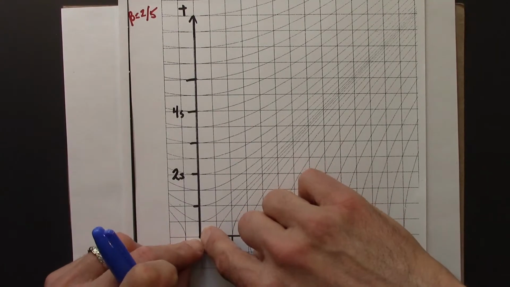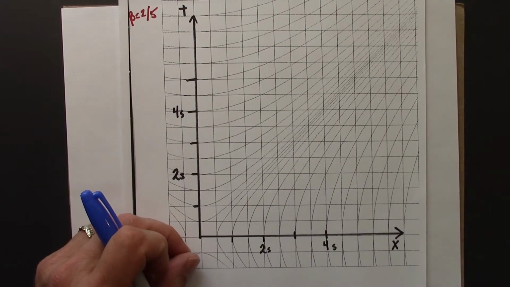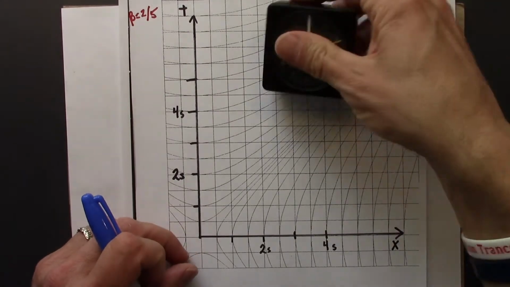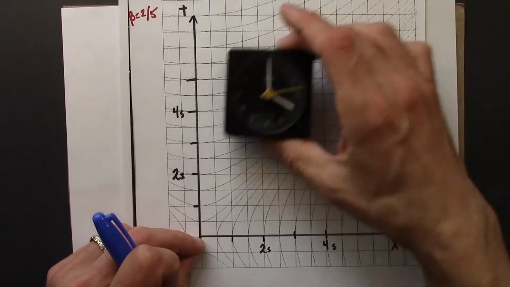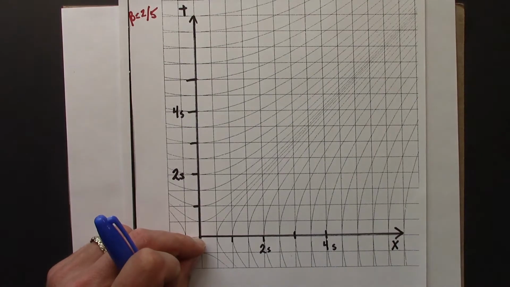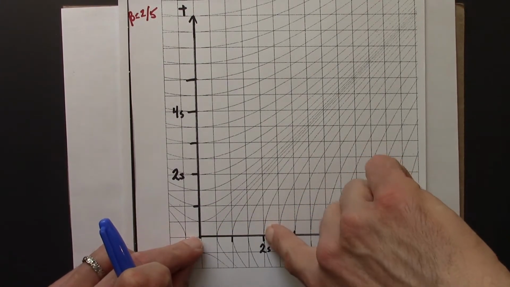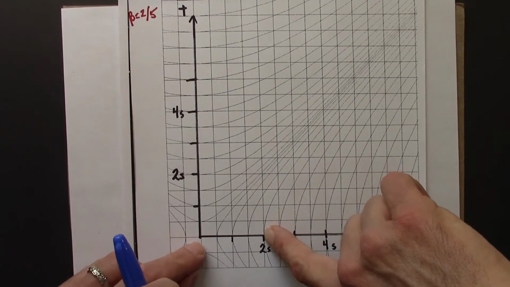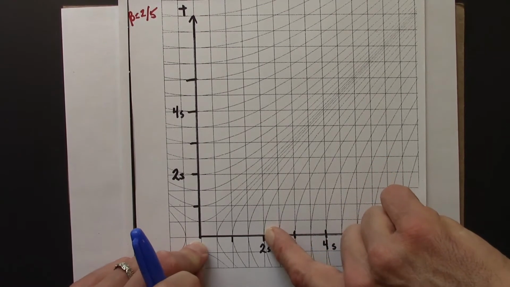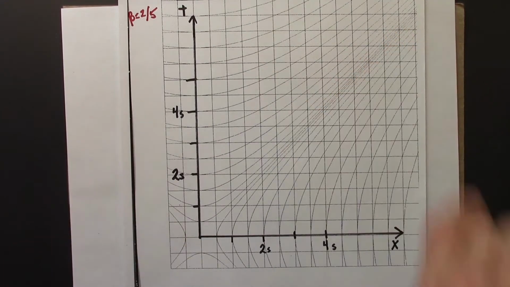Right? The t' axis, that's the clock. Where's Beowulf's clock? That's the world line of the clock that's moving at a speed of 2 over 5. And what that means is when it goes 2 seconds in the spatial x direction, it takes 5 seconds to do that.